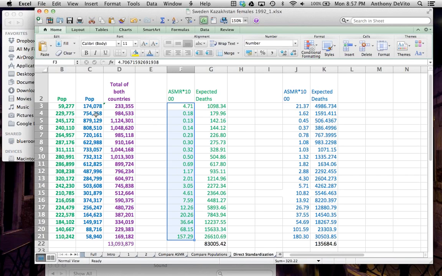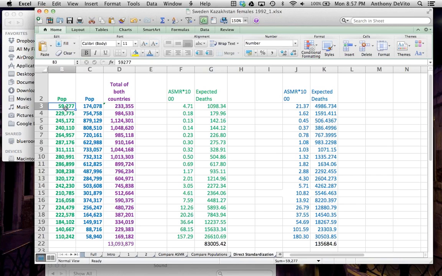Or in this case, what we did was we just said, okay, let's add the two populations together and make believe it's a single population that's the sum of both of them. So instead of 59,000 infants in Sweden and almost 200,000 in Kazakhstan, it's like 250,000 in a single country, which is the meld of both of them.